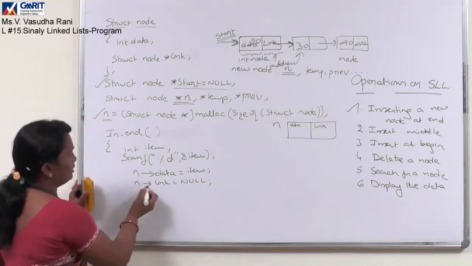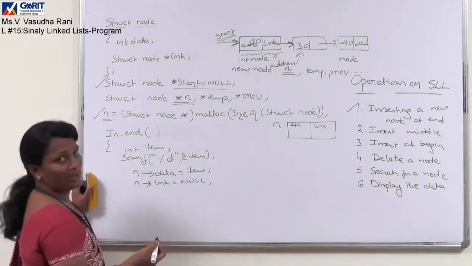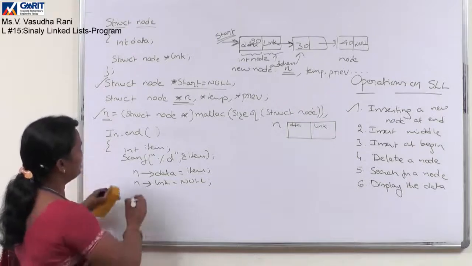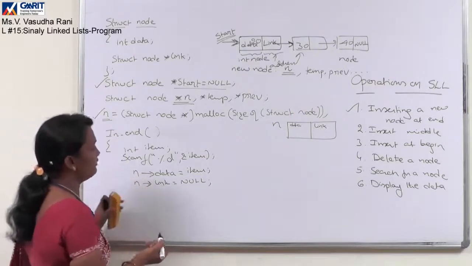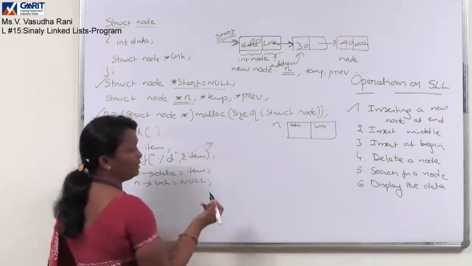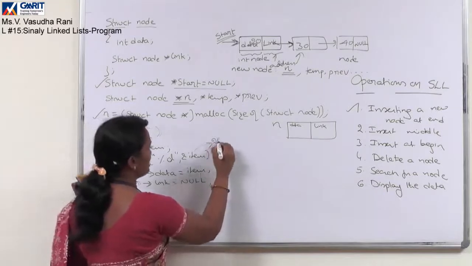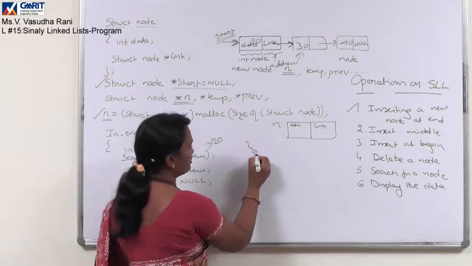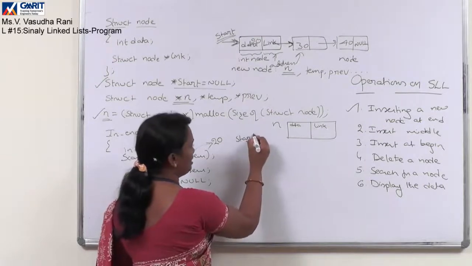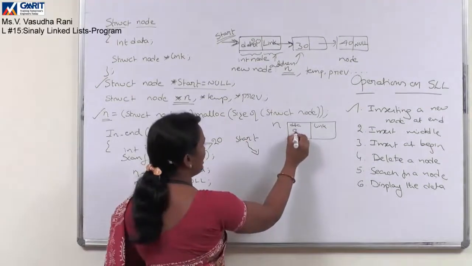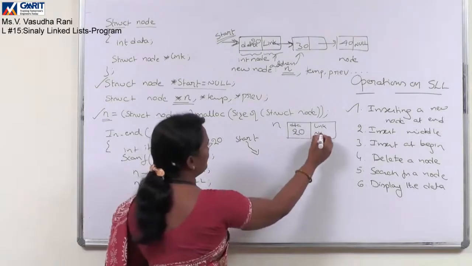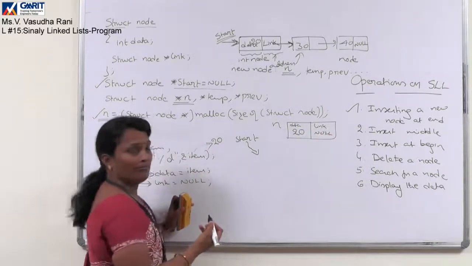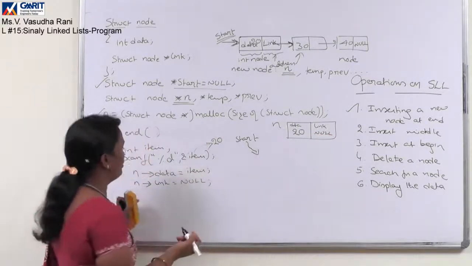Now we don't have any elements in the list. Now this n is the node, first we have to insert into the list. So assume that this item value is 20 and we have only the start pointer in our list. Now we got this n with 20. We have to insert this n into the list.